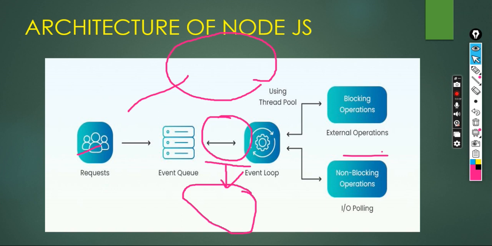For example, if the browser is sending a request to the server, the server should respond back to the browser, and only then will the next request be processed. It has to wait. One request has to be done and then the other request moves on. This is synchronous: the execution depends on the completion of the previous request.